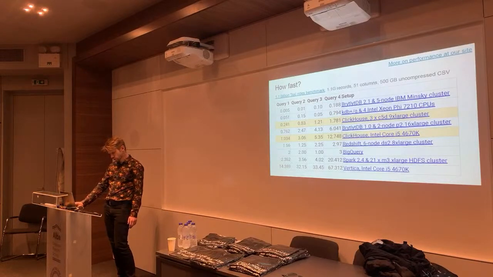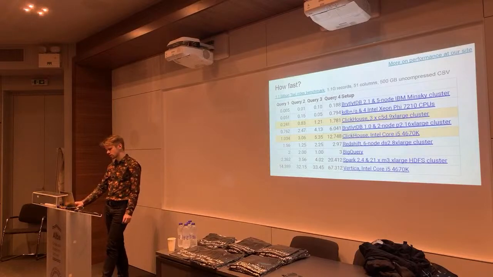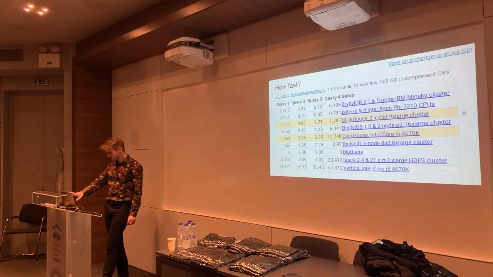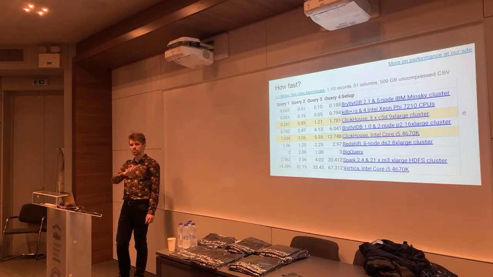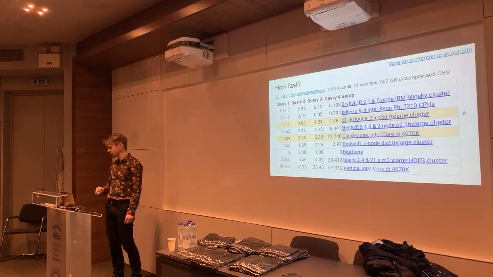The first two queries are just group by with some simple analytical functions, and the fourth also has sorting. So what do we have here? First, I have to say that the hardware is different, so you can't compare directly. It's only to give you an idea of the order of magnitude of what you can expect.